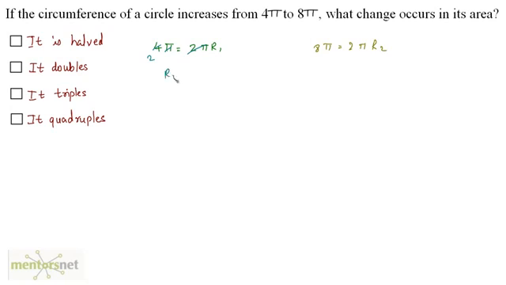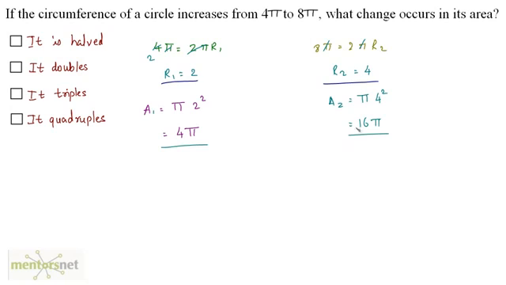So we have r1 is equal to 2 and r2 is equal to 4. We have the radii. So let us calculate the areas. Initial area is pi r square, so pi into 2 square, that's 4 pi. Final area a2 is pi into 4 square, and that's 16 pi.